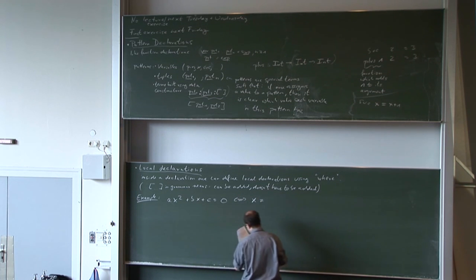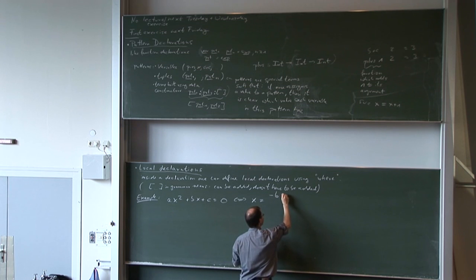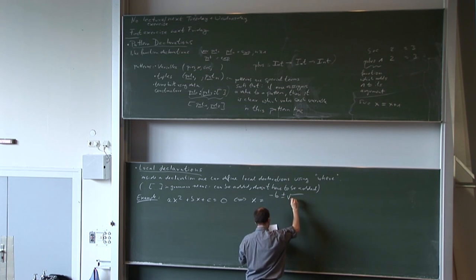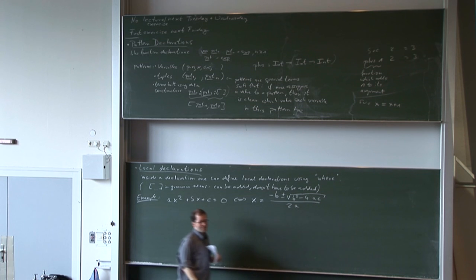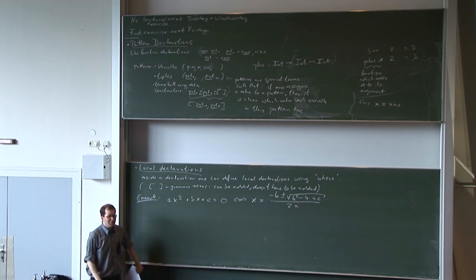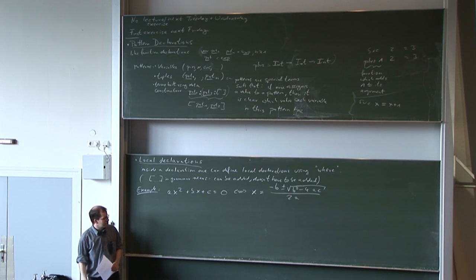There are at most two solutions. It's minus b plus minus square root of b squared minus 4ac divided by 2a. If you don't believe it, you can easily verify that this is true.